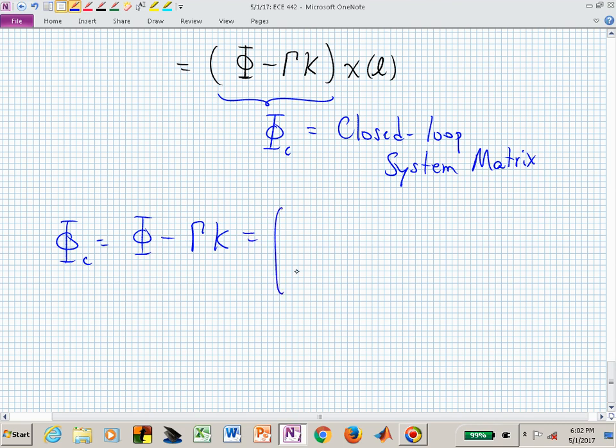Doing that, we had phi, and since phi is upper triangular, the eigenvalues are immediately obvious. They're on the diagonal. One's at the origin and one's at 2. Our gamma matrix was 0, 3, and our K matrix had a K1 of 0.49 and a K sub 2 of 0.133.